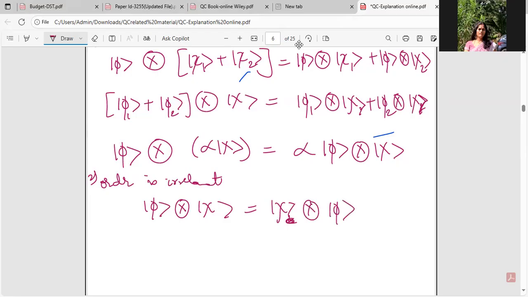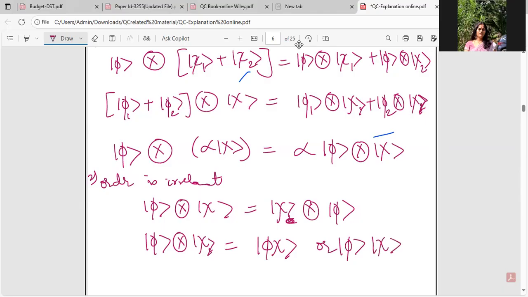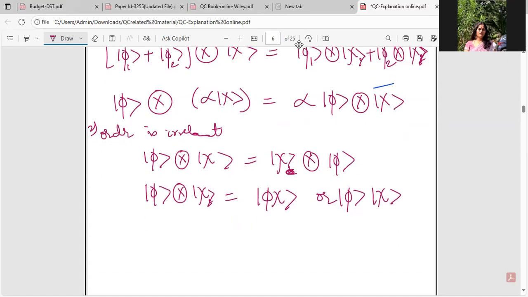Of course, as mentioned in the previous video, tensor product of ket phi and ket xi is nothing but, I'll write it in shorthand notation, phi xi. Okay, this is one version. Another version is phi greater than xi, kind. Okay, yeah.